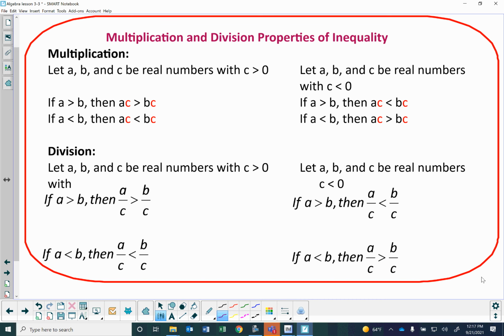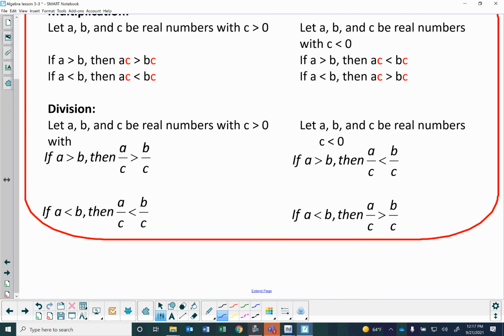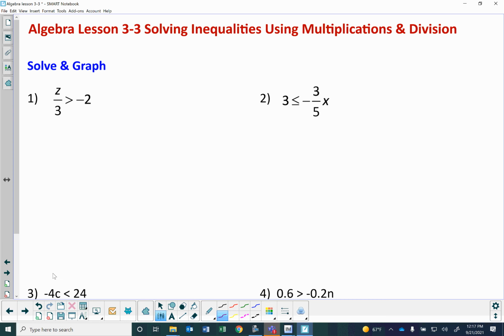So what does that mean for you? As we go through our problems, we need to remember to determine whether there are any inequality symbols that we need to reverse.